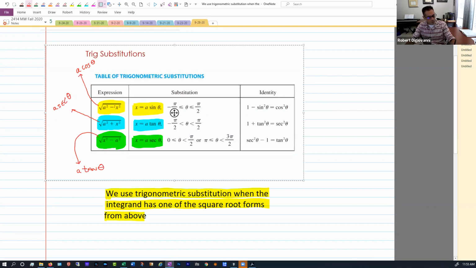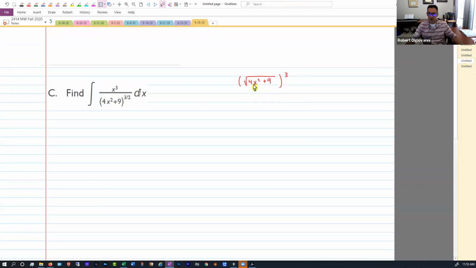In other words, it's like a 1 in front of these x squareds. Do you see that? And we don't have that here, do we? We have a 4 in front of our x squared. That means the formula will not work the same. We have to have that be a 1. So before we do anything, I need to get rid of the 4. So let's go through the algebra of how to remove the 4.